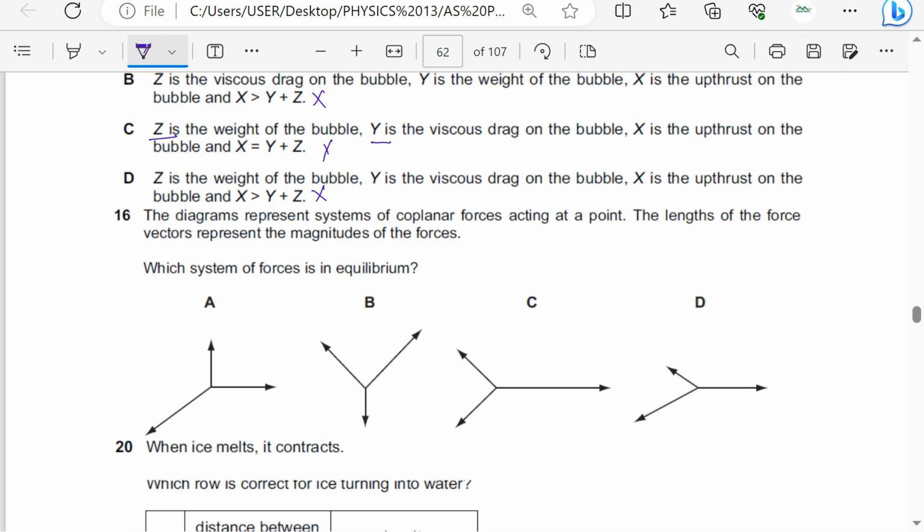For A, the vertical force is represented by a line which is approximately 1.3, I'm measuring with a ruler. So I'll draw the vertical line here, approximately 1.3 on the vector.